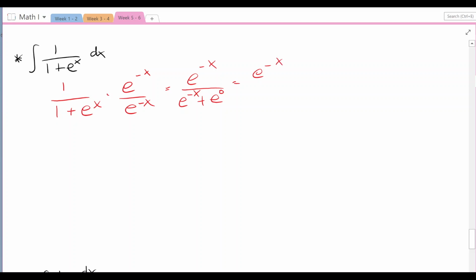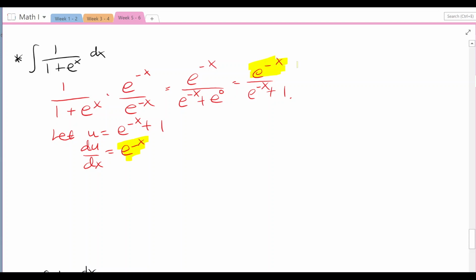So this becomes e to the minus x over e to the minus x plus 1. And now we can let u be e to the negative x plus 1, because if we take the derivative of u with respect to x, it will be e to the negative x, which is the term in the equation.